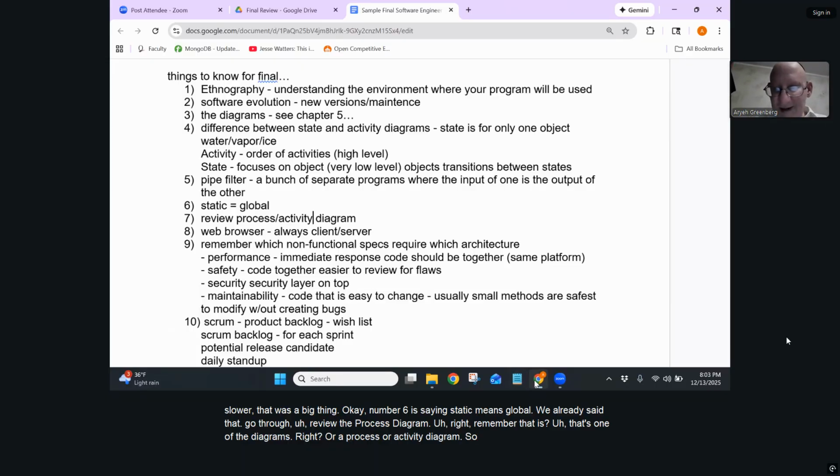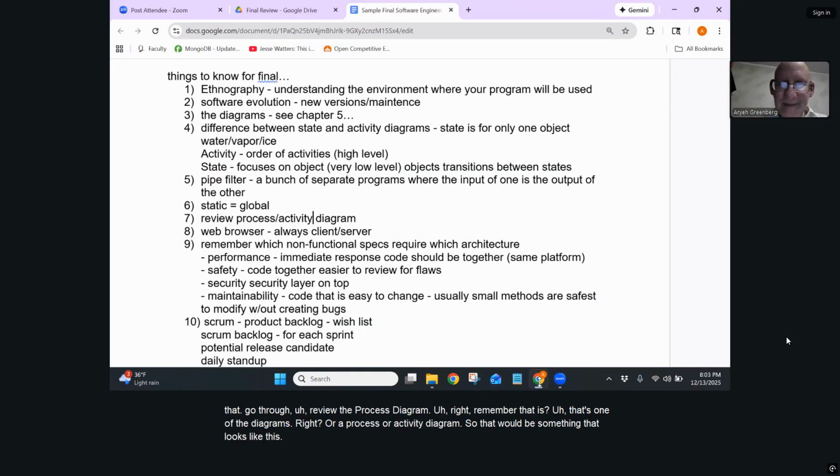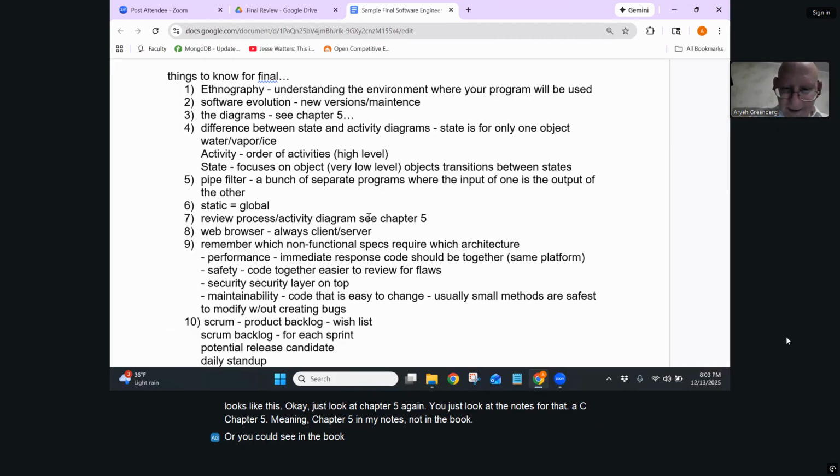It would look something like this. Just look at chapter 5 again, the notes for that. Meaning chapter 5 in my notes, not in the book. Or you could see the book.